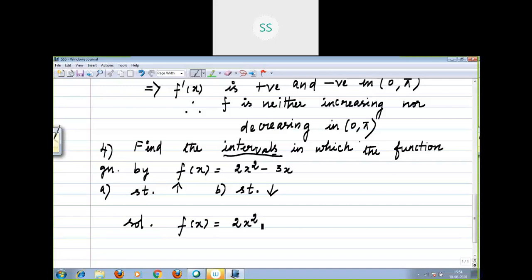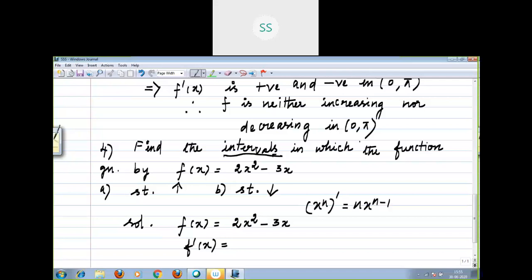2x square minus 3x. Children, I want to tell you one thing. You have to read the formula regularly, right? Learn the formula by heart, then only it is easy for you. Here you have to apply the derivative of x power n. That is f dash of x. Derivative of x power n equal to n into x power n minus 1, right?